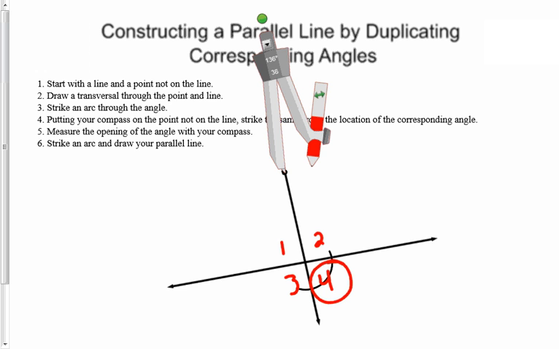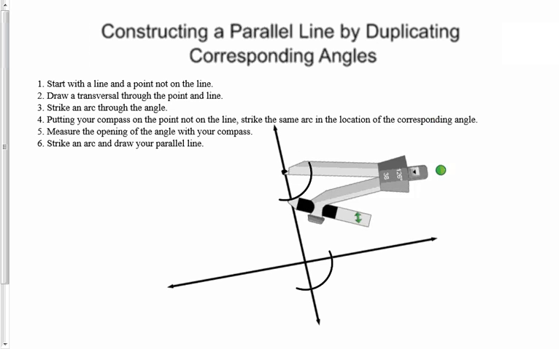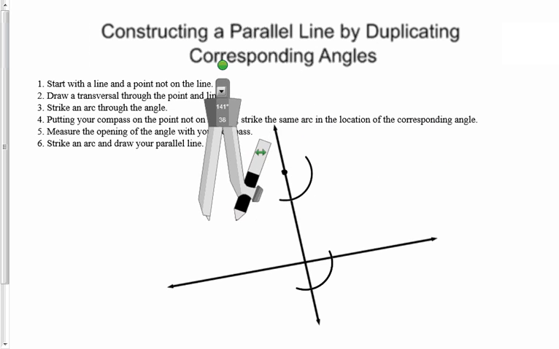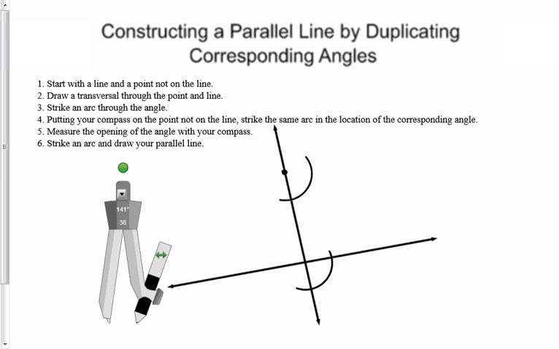That's just my general explanation for its location. So I'm going to strike the same arc in this bottom right corner. I'm sort of visualizing a parallel line being there already, so I'm striking that arc in the same general location.